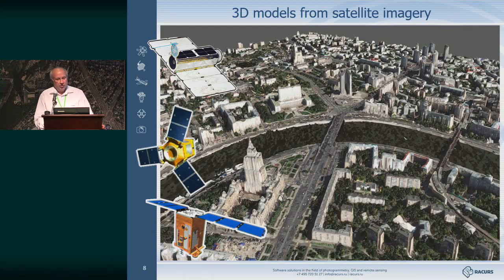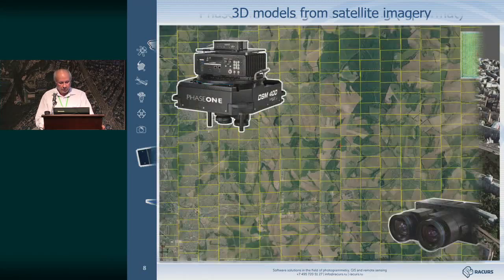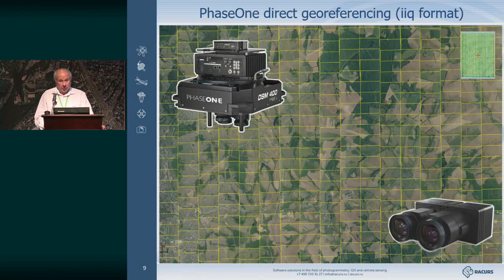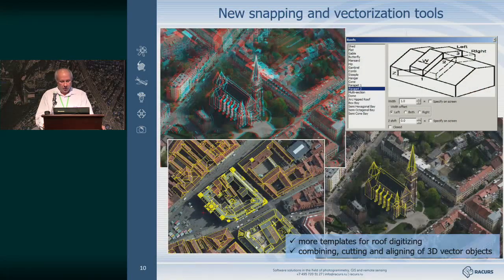Some changes have taken place for 3D models from satellite imagery. There is direct georeferencing for PhaseOne. So there is external orientation and internal orientation, all subject to data input in the camera.